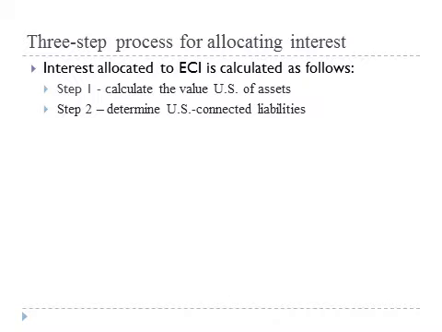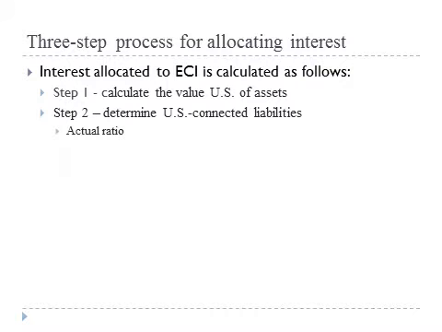The result is U.S. connected liabilities. This method of calculating U.S. connected liabilities employs what is known as the actual ratio. An alternative is the fixed ratio, discussed later.